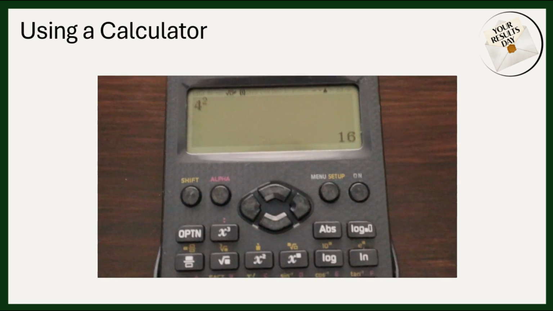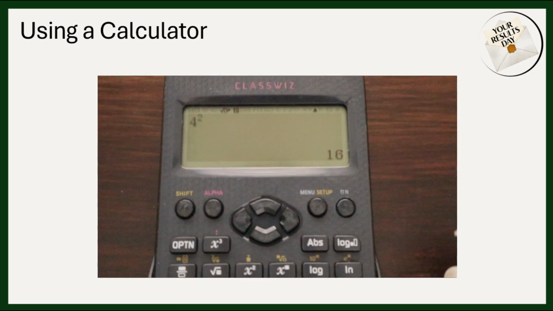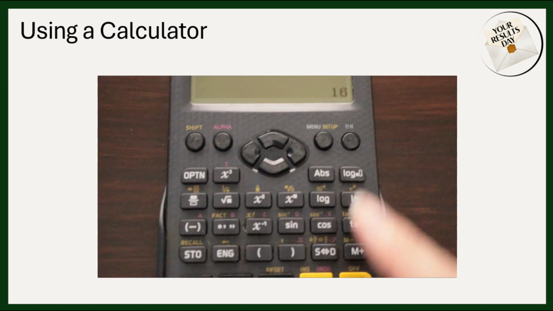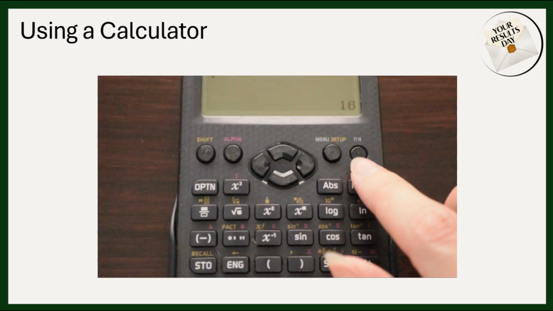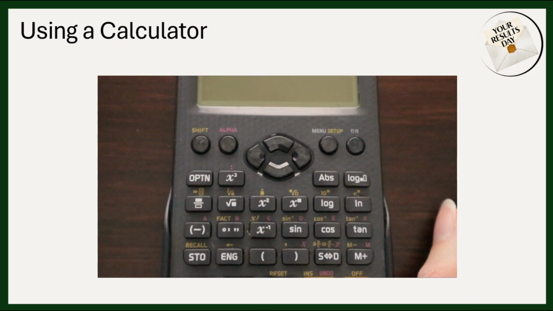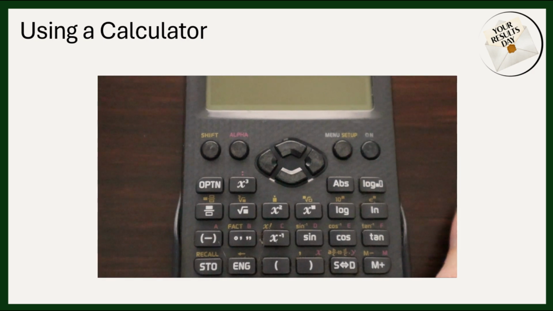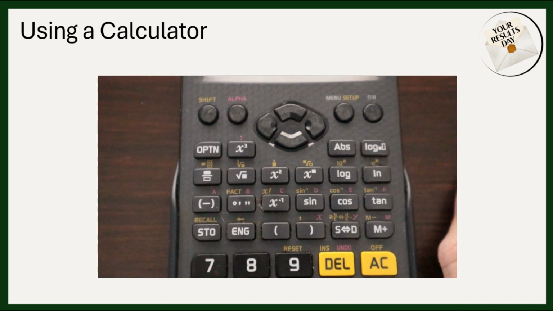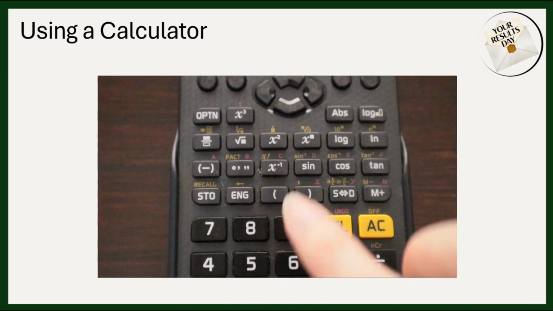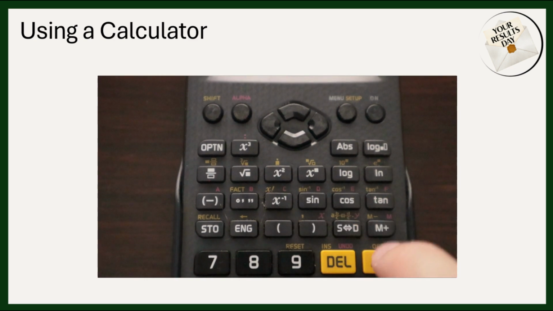Now that is fairly similar on all Casio models. They might be in slightly different positions, but generally they are the same, and I would always recommend a Casio model at GCSE.